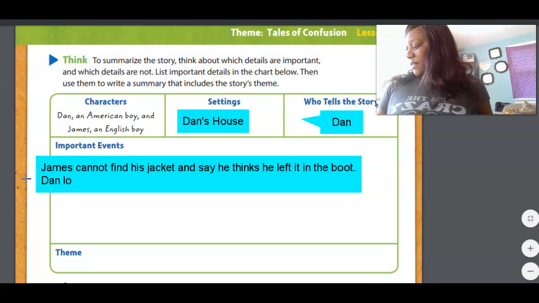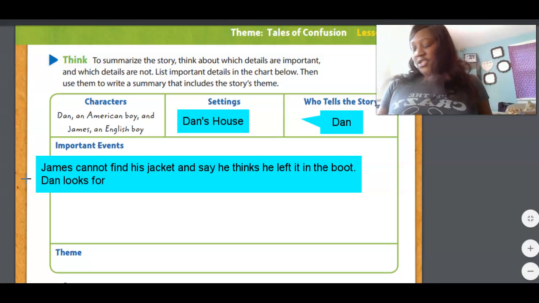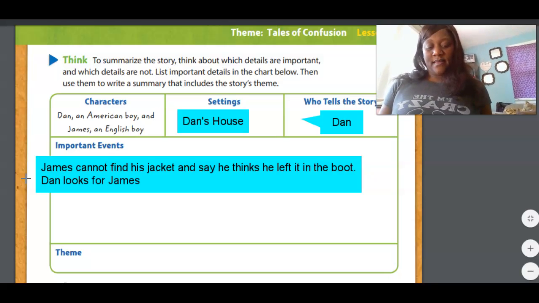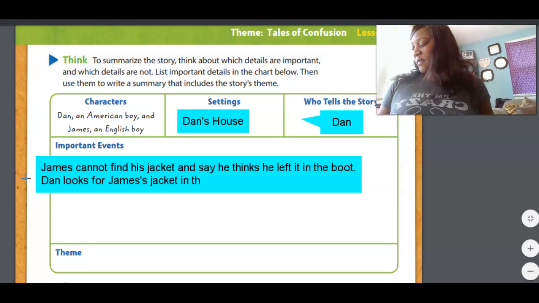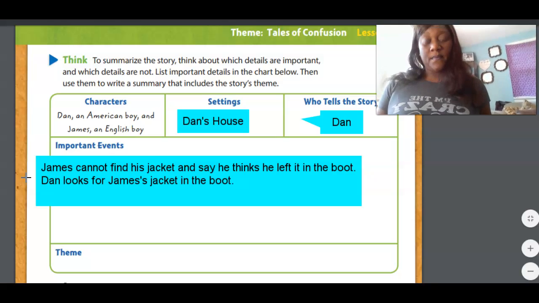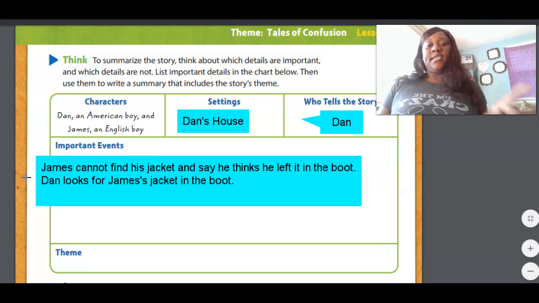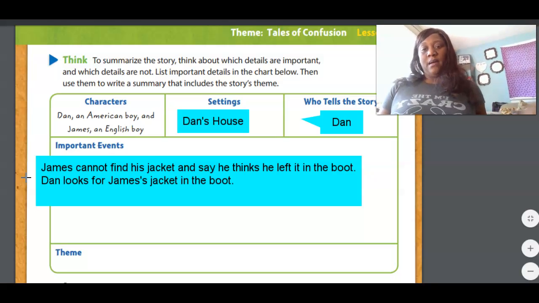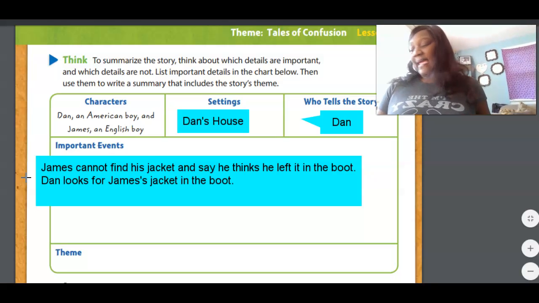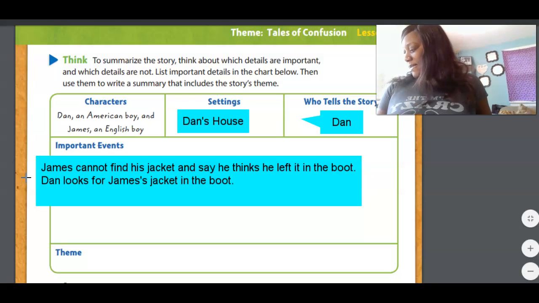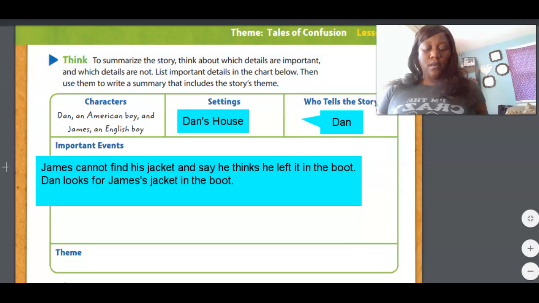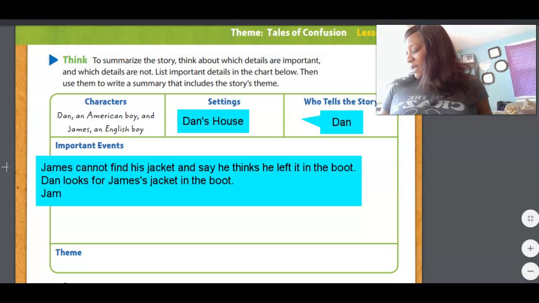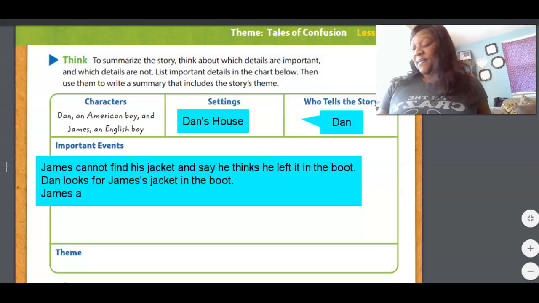Dan looks for James' jacket in the what? In the boot. Very good. So after he looks in the boot for the jacket, what happens next? Because Dan is looking inside the boot, then James laughs, right?